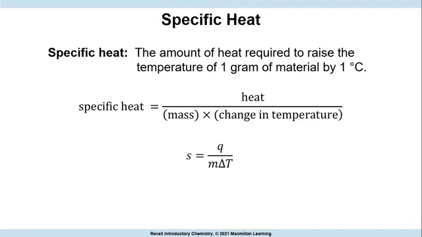So, mathematically, specific heat we denote by S, and heat is denoted by Q. Mass here is denoted by M, and change in temperature is denoted by delta T. So, to simplify this equation so that you can always remember it, it is given by Q = msΔT, where Q is the heat, M is the mass, S is the specific heat, and delta T is the change in temperature.